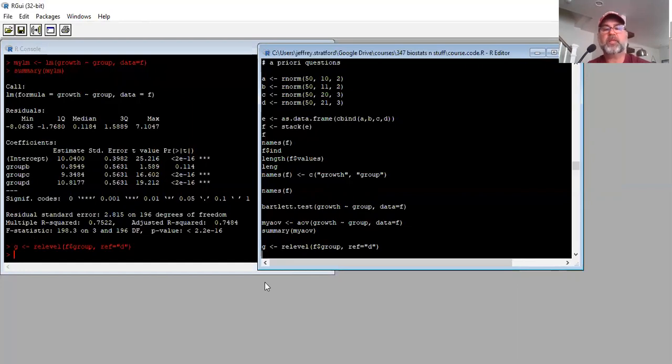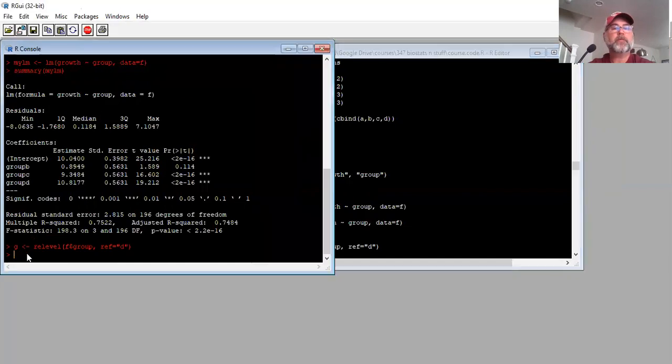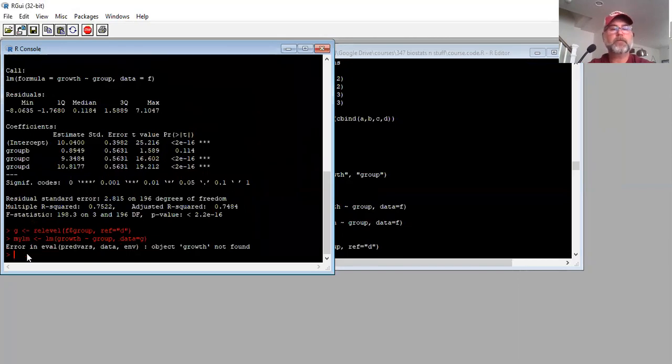All right, so let's relevel, and then we'll pull up my LM. And in this case, we're going to do data equals G. All right, object growth not found.